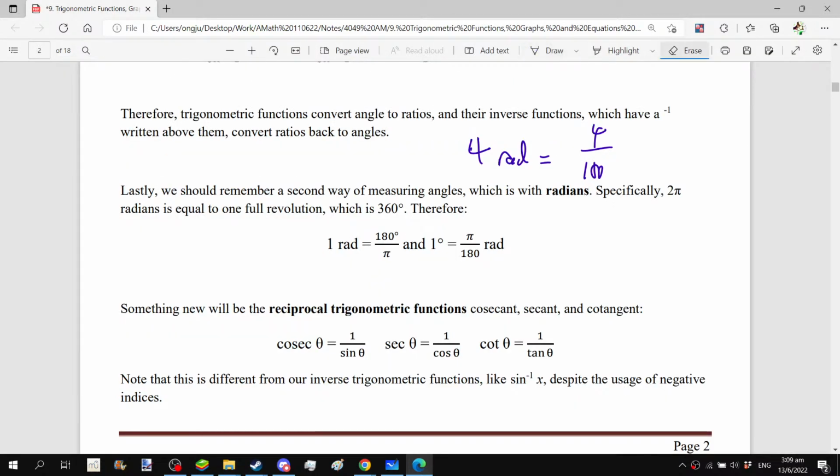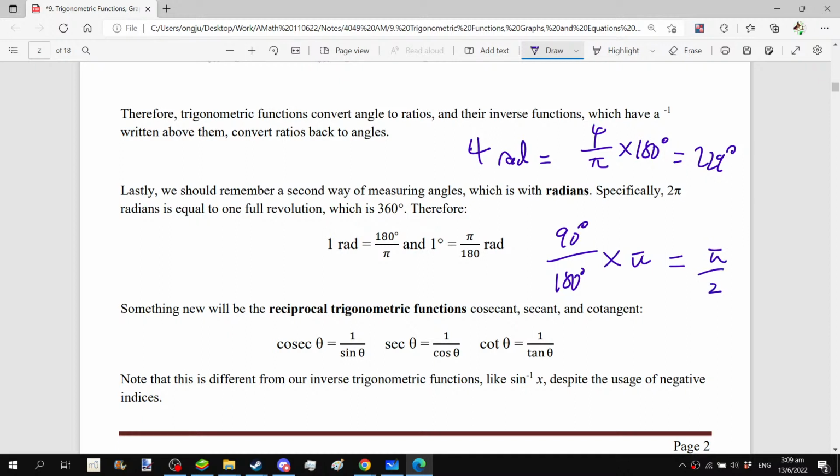So in this case, if you want to convert it, you can simply divide by what we know to be 180 degrees, in other words pi radians, and afterwards multiply by 180, and that will get you your degree form. And of course, if you want to convert degrees to radians, just do the opposite.